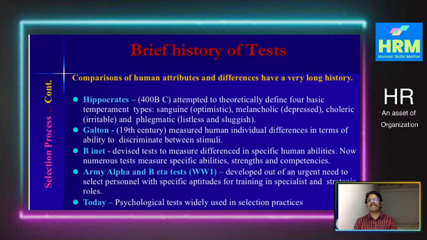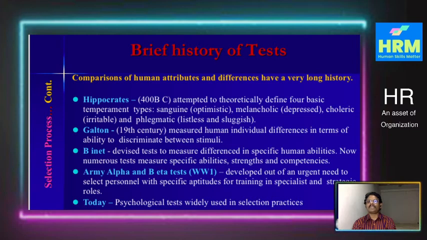Then Galton, in the 19th century, measured the individual differences in terms of ability to discriminate between stimuli. So the stimulation is not the same for all of us. Reaction varies from person to person. The stimulation, in the sense of reaction to a situation, is not the same for everyone. Right. Then Binet devised the test to measure the differences in the specific human abilities.